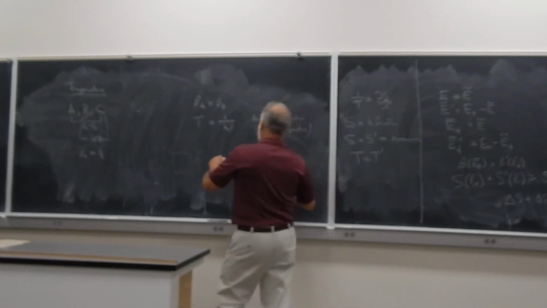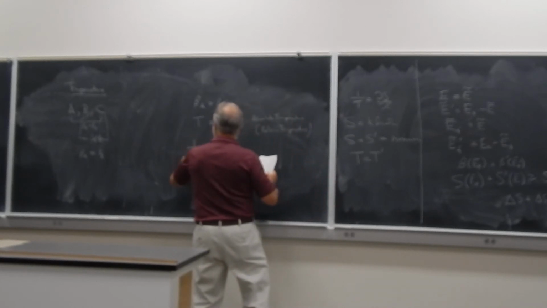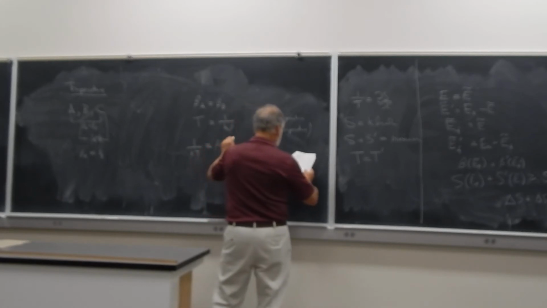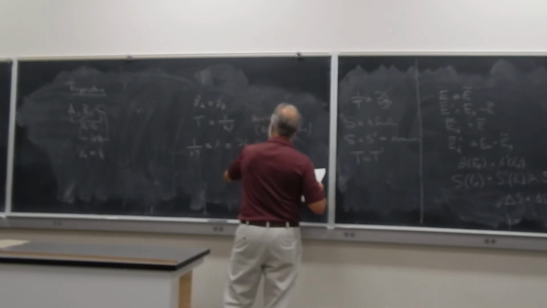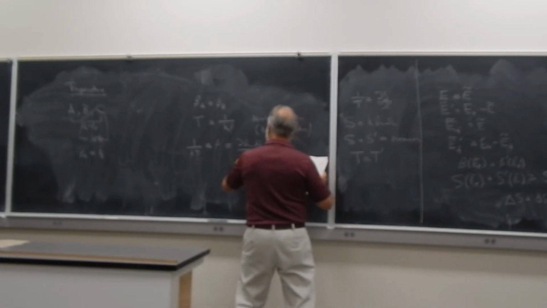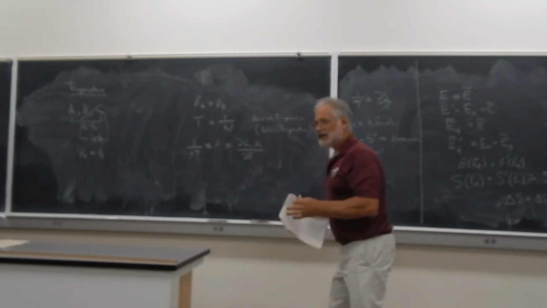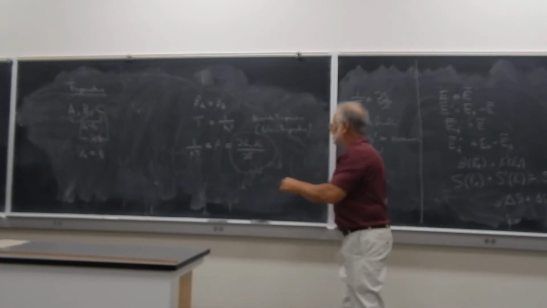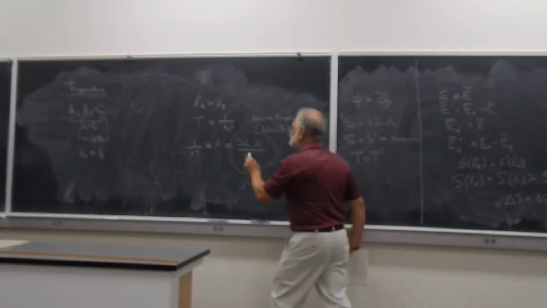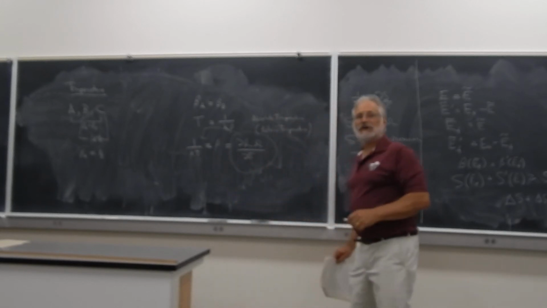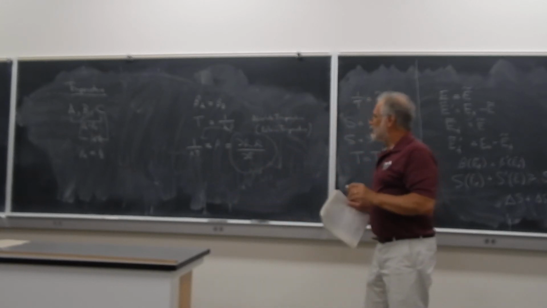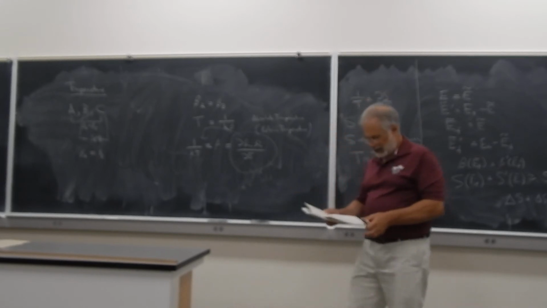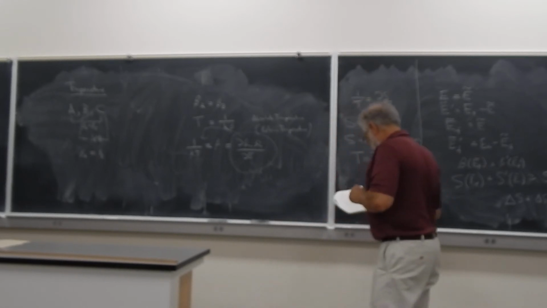So some of the properties: 1 over kT, as we said, is defined as beta, and that's equal to the derivative of the log of omega with respect to E. Notice, on this right-hand side, this is a statistical expression that tells us about absolute temperature. There was no hot and cold about it. We derived this from purely statistical means, which is fairly interesting.